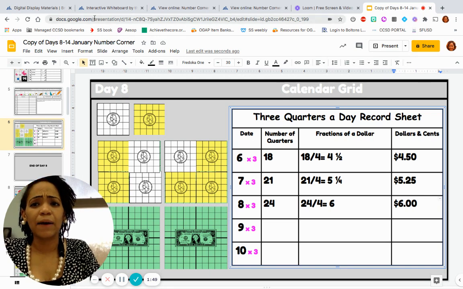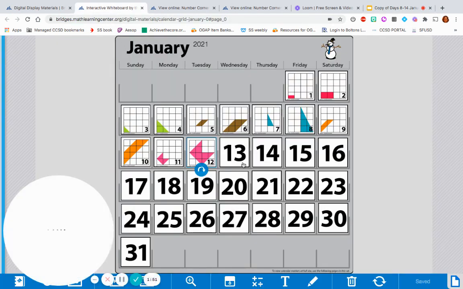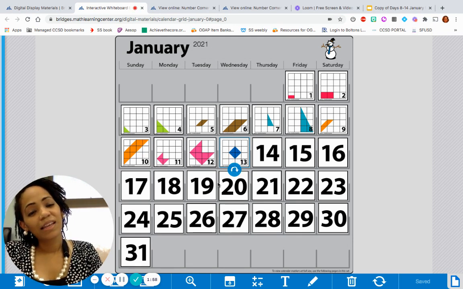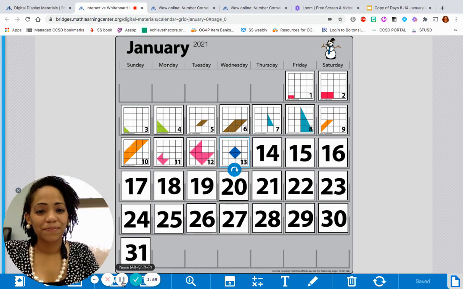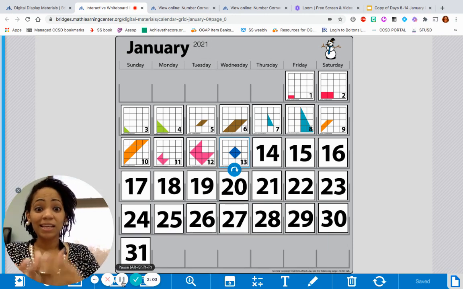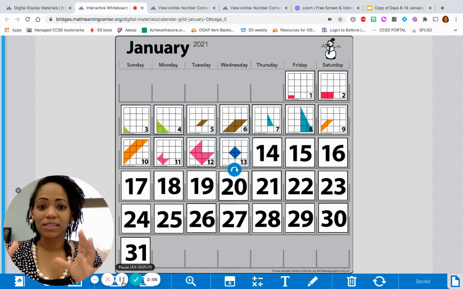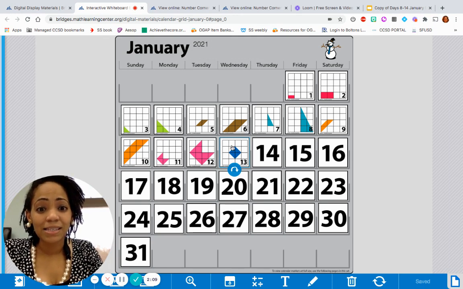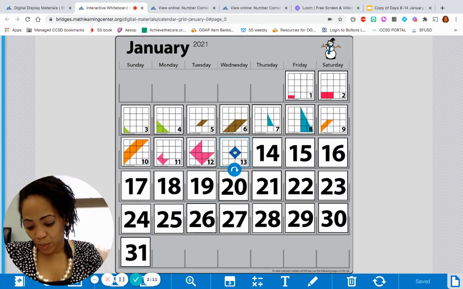Now let's look at our calendar marker for today, the 13th, which is what is that? Yeah. You may have seen me tilt my head kind of like this because to me that looks like a square. It's just tilted. So if you called it a diamond or something else, we're going to say that this is a square.